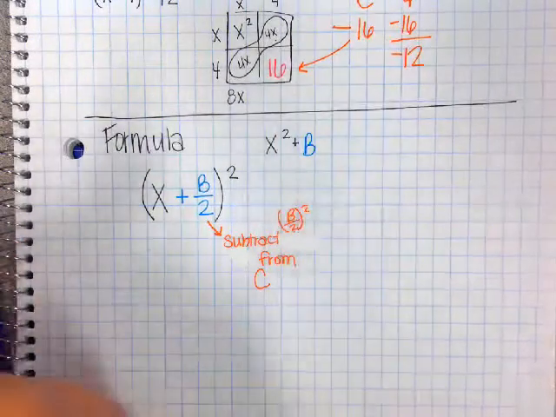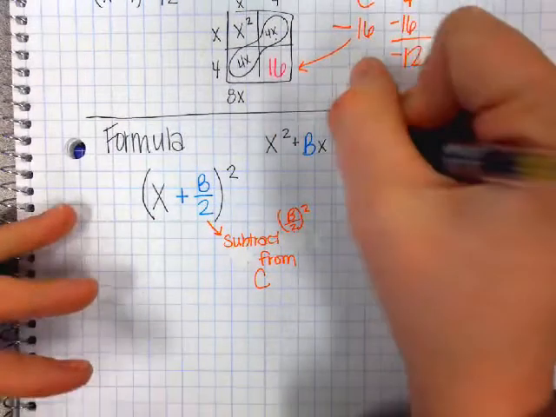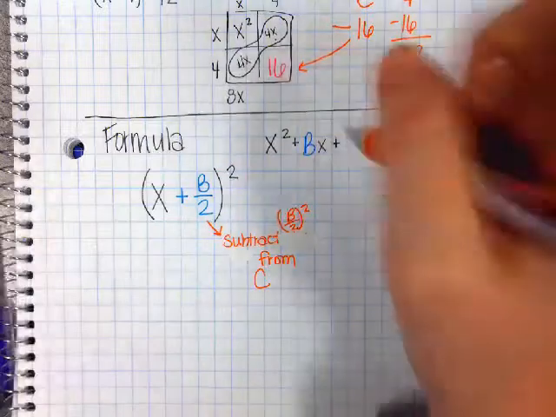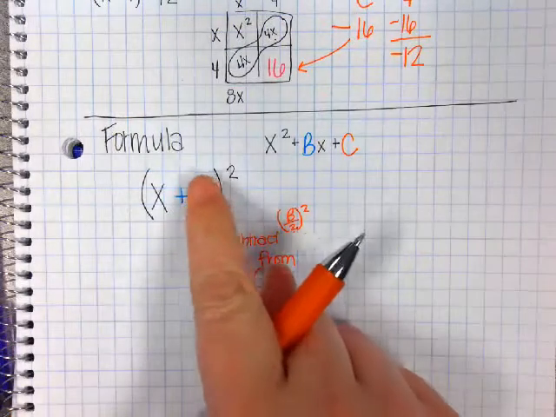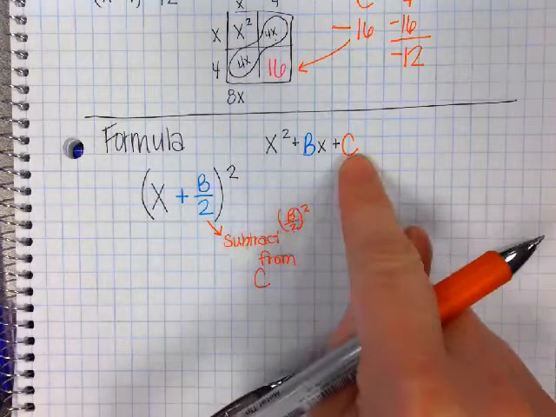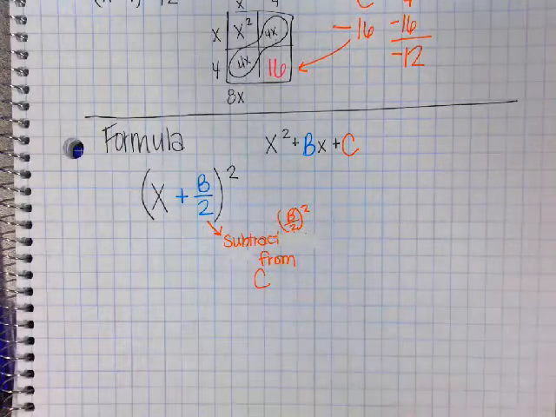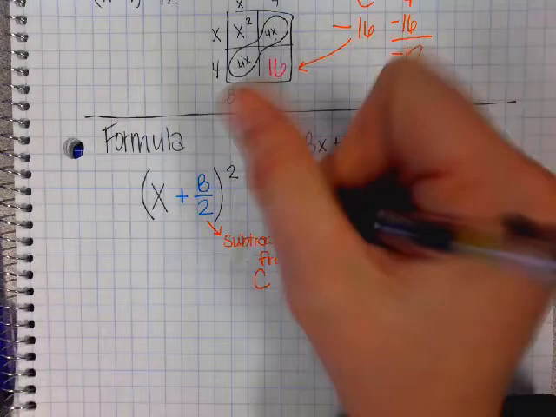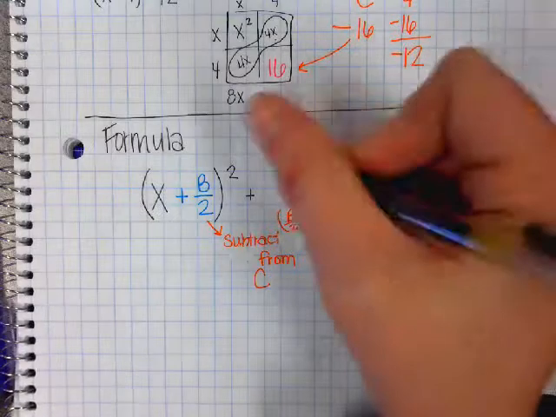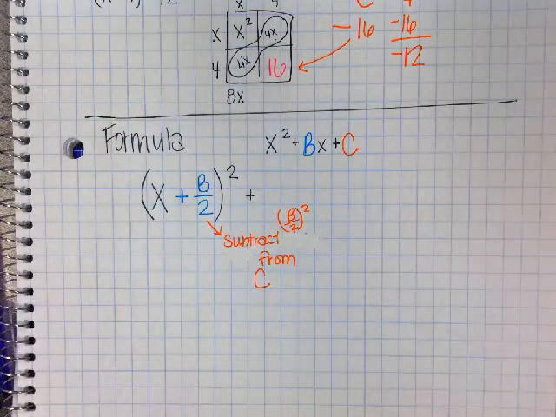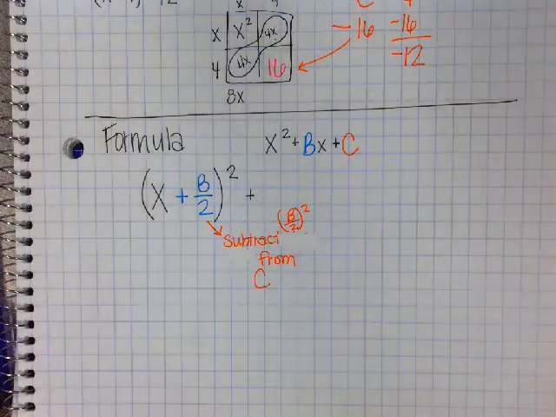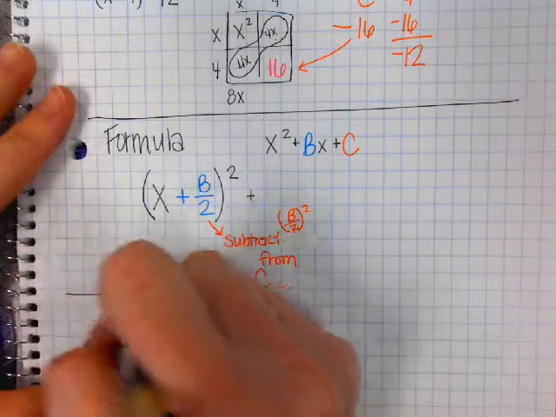It would be x squared plus bx plus c. When it talks about b, it's talking about the number with x. When it talks about c, it's talking about the number out here. So that's the formula. You can decide if it's easier or not.